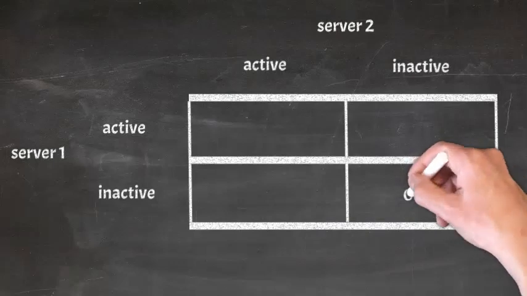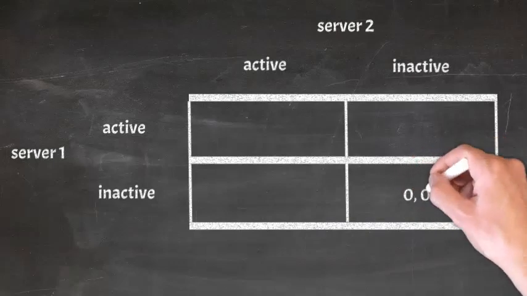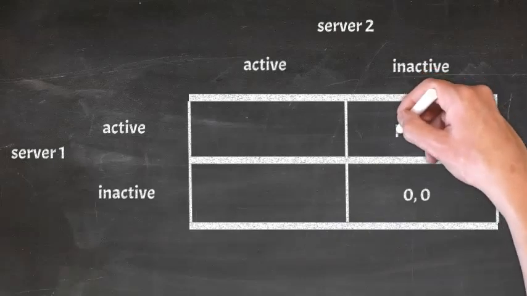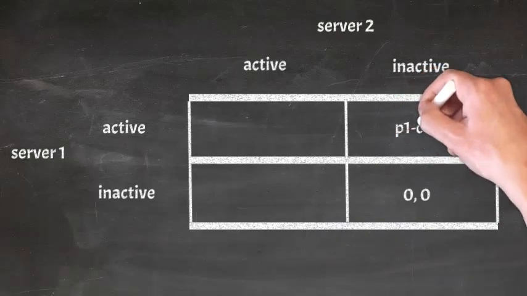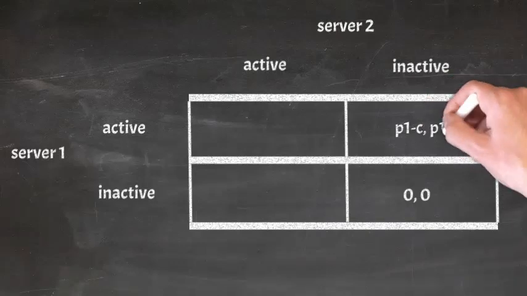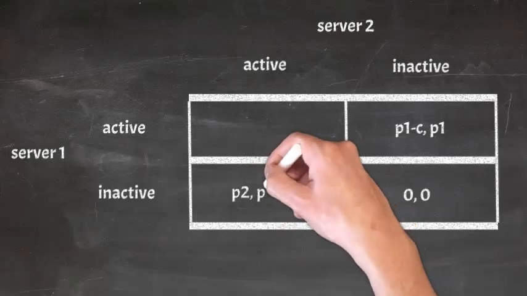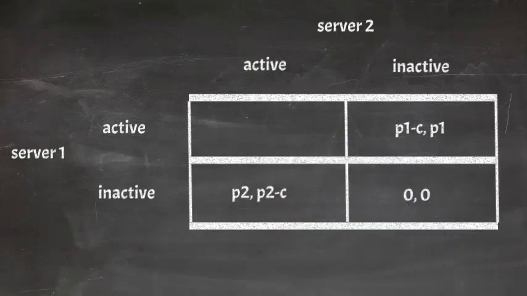If both servers choose to be inactive, that means they don't want to do the job. Of course, they don't pay anything, and they get zero reward. So the payoff is zero for both of them. If one of the servers chooses to be active and the other chooses to be inactive, then the message is transmitted by the active server, and the active server needs to pay C. Note here that as long as the message is successfully transmitted, each server can get the reward.